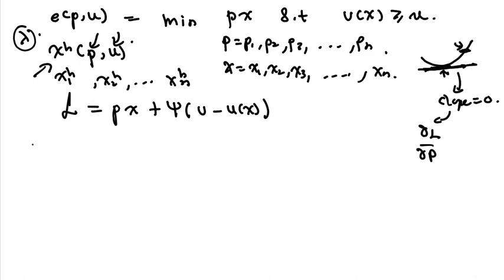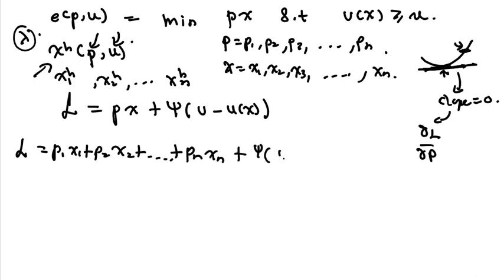If I write the Lagrangian function in detail, it looks like this: L equals P1x1 plus P2x2 plus, until the last one, Pnxn, plus C times u minus u as a function of x1, x2 until xn. From here, it becomes easier if you want to differentiate it.